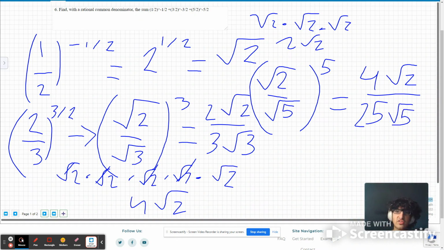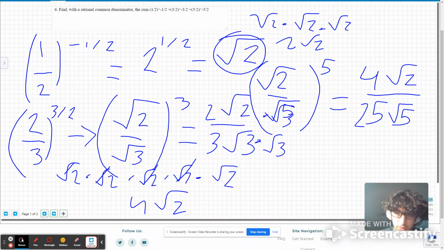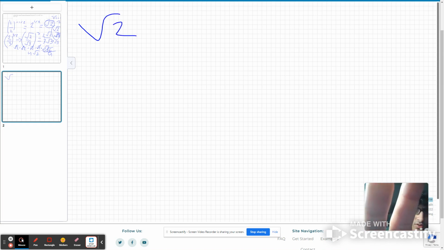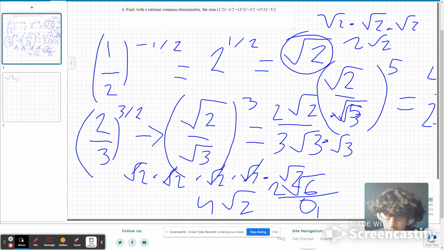So now we have to rationalize the denominator for all of these. So root 2 we don't need to, but for this we need to multiply by root 3. So 3 root 3 times root 3 is the same thing as 9. So we'll have 9 on the bottom, and then 2 root 6, so 2 root 6 over 9. Let's go here. So we have root 2, and then here we have 2 root 6 over 9.